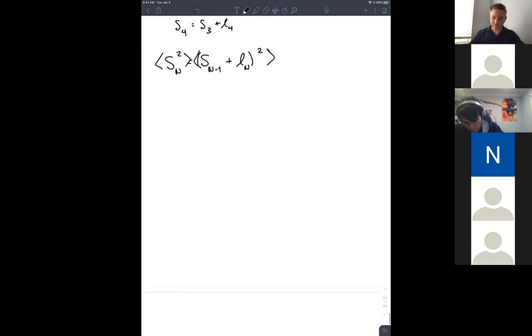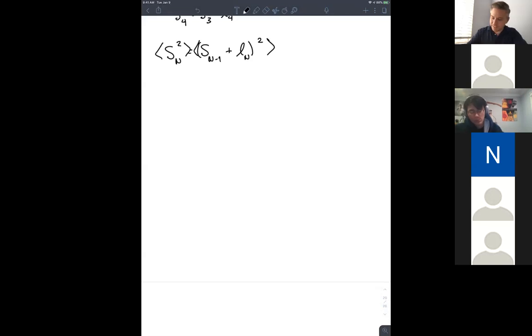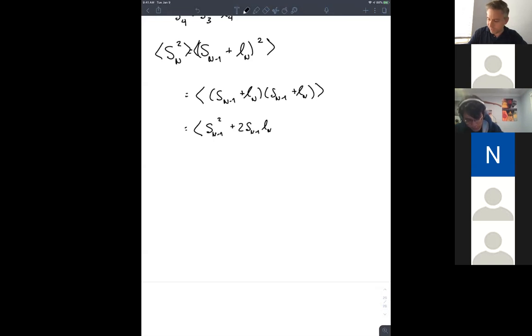So now let's do it. This is the average of S sub n minus 1 plus L sub n times S sub n minus 1 plus L sub n. And you all remember how to do FOIL from your high school algebra days. So you just write this out, and you get S sub n minus 1 squared plus 2 S sub n minus 1 L sub n plus L sub n squared.